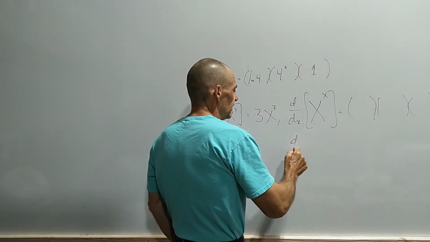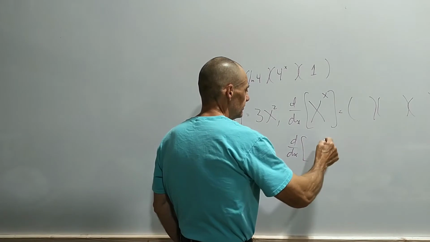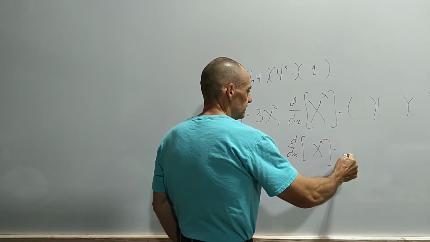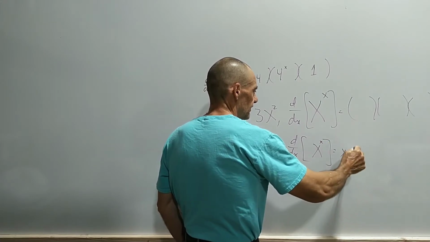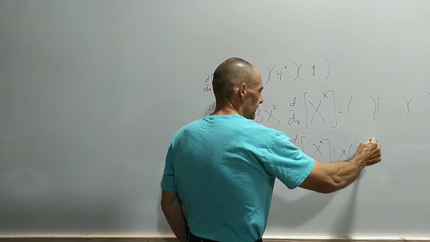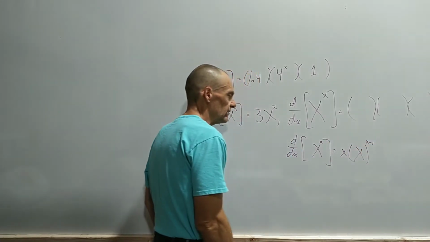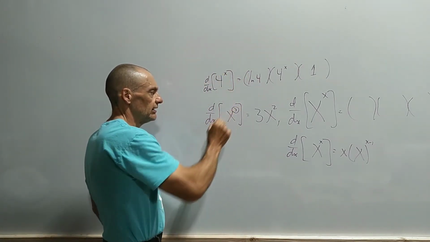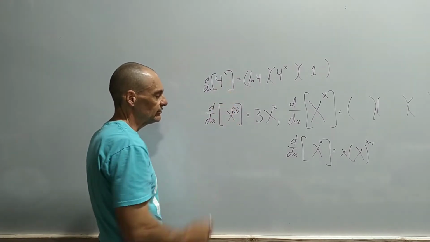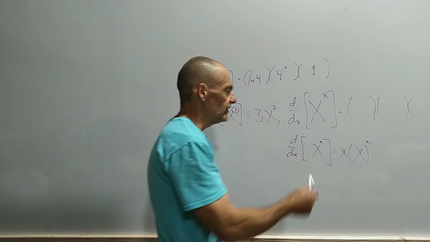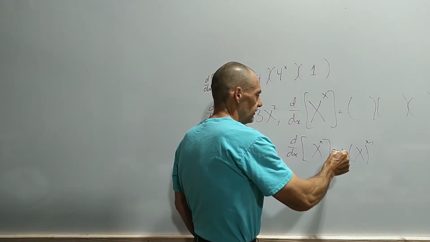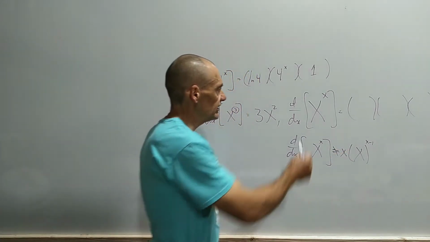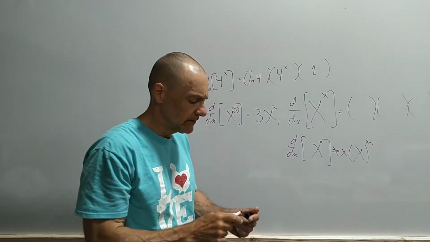If we wanted to do this kind of thing, and bring this in front, and then take x, and then take x minus 1. Well, this only works when this is a number, right? It doesn't work with exponential functions. It definitely does not work with this kind of function, okay? So this is a different kind of an animal, right?